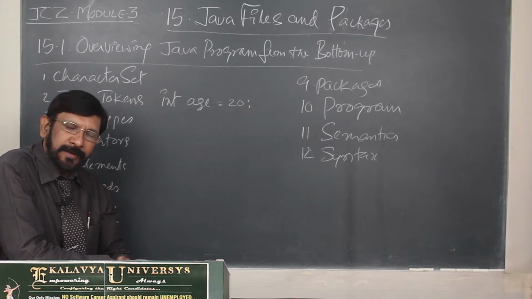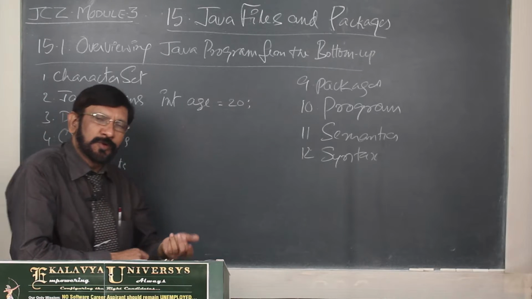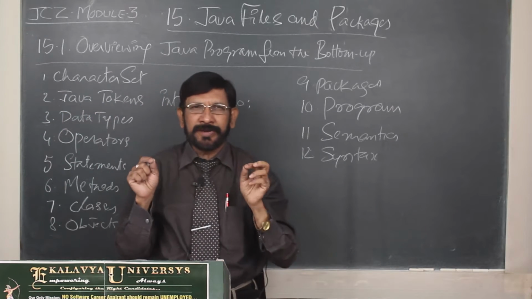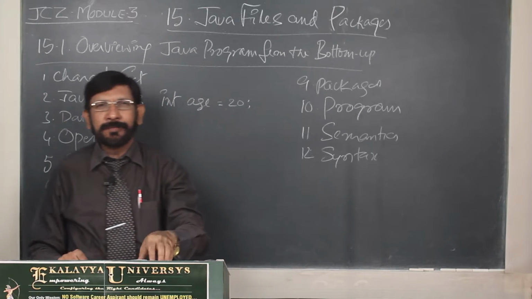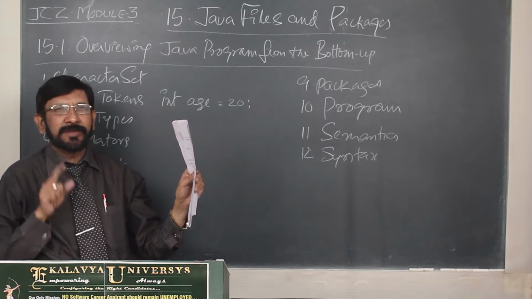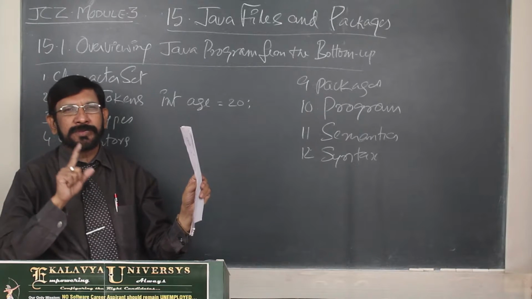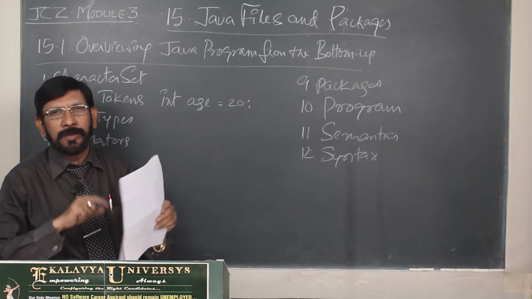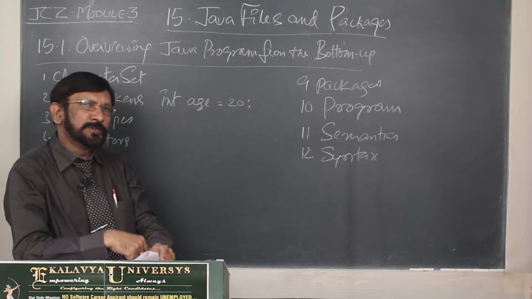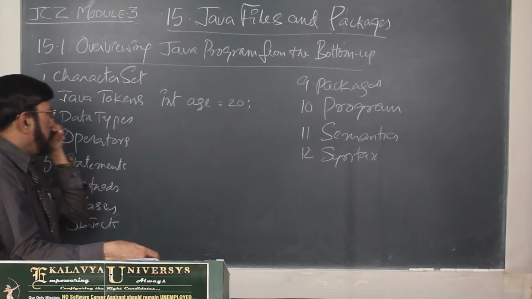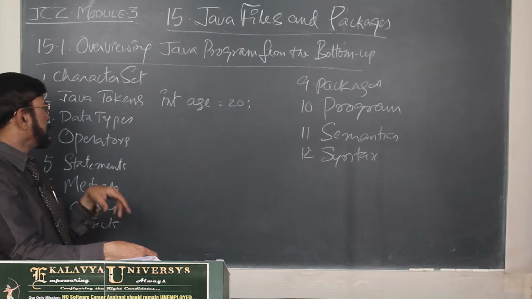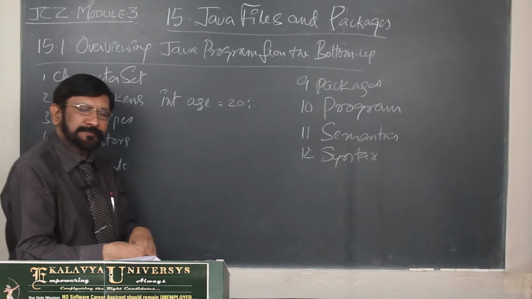In the same manner, in human language also, by composing a certain set of words we form a meaningful sentence. This is a book. By composing 4 words we formed a meaningful sentence. These are tokens.